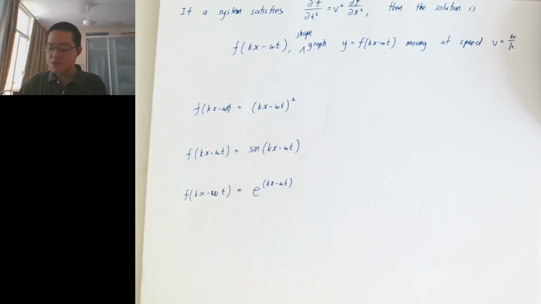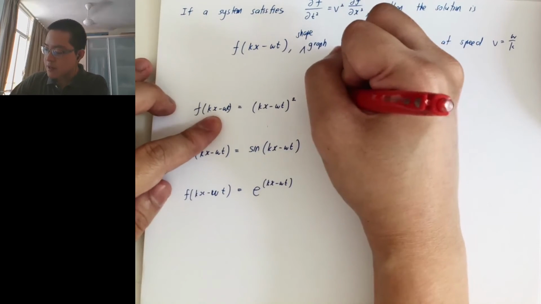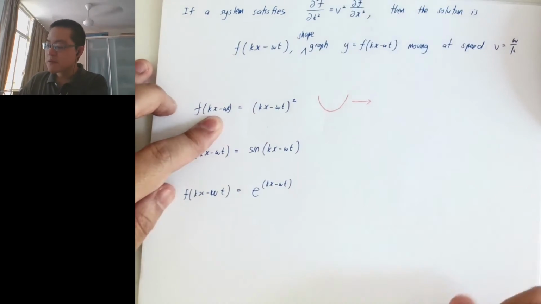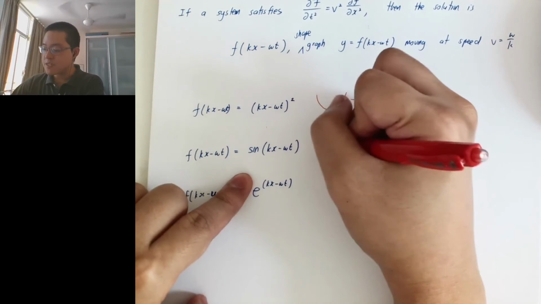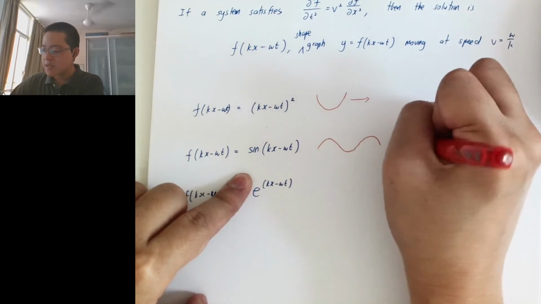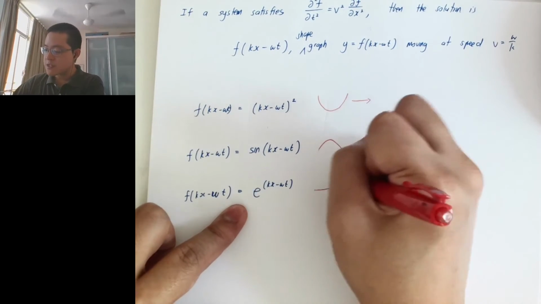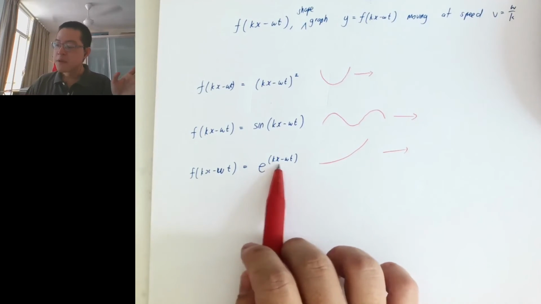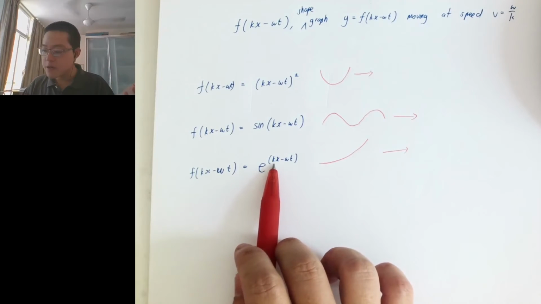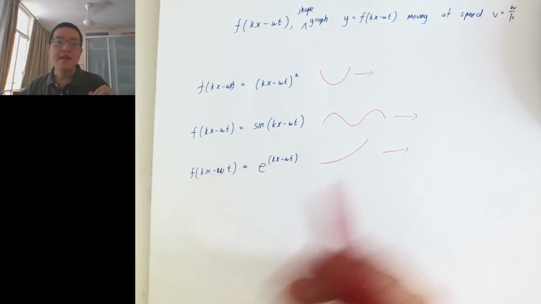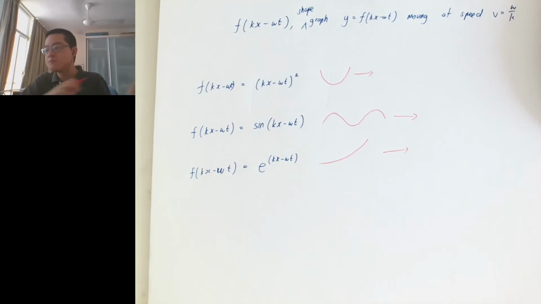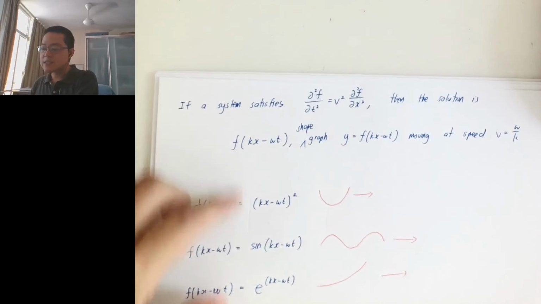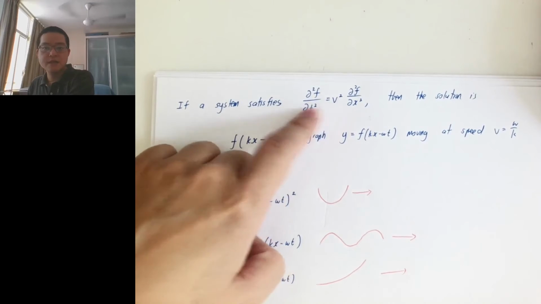So this one I had shown you already. This is the shape of the graph that is moving to the right, and then the sine function is basically a sine function that is going to the right, and this is the exponential function that is going to the right. So any function where your argument or variable is kx minus omega t is just the shape of the graph moving to the right, as long as it satisfies this equation.